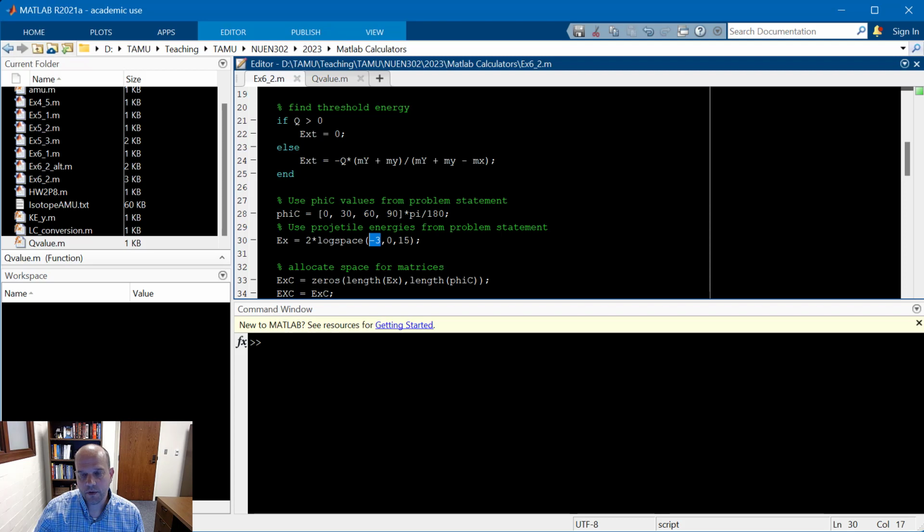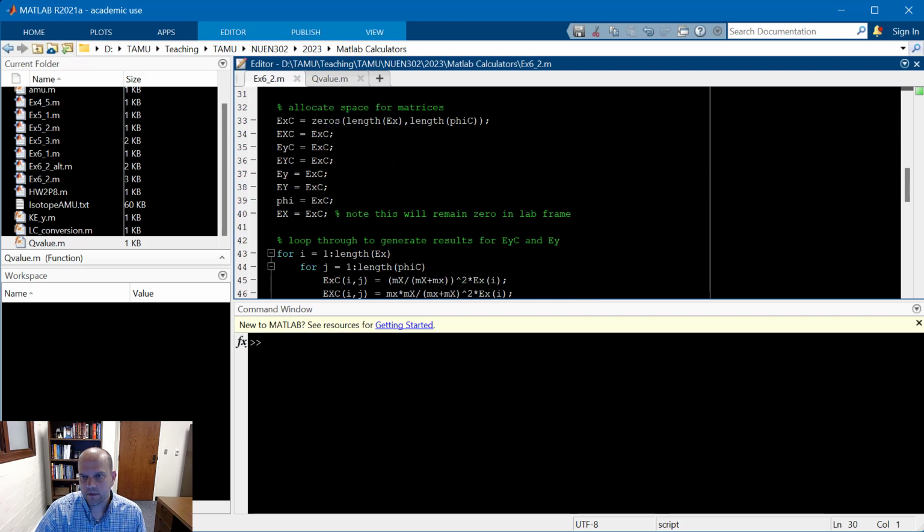And so I'm going from 2 keV to 2 MeV, and so in terms of MeV, that's 2e to the minus 3 MeV up to 2e to the 0 MeV. And so this creates 15 data points within that range of 2 keV to 2 MeV. And you're welcome to do this any way you want, but the point is create yourself a vector to consider for the EX, just like it mentions in the problem statement.